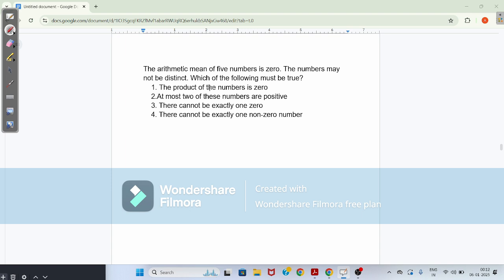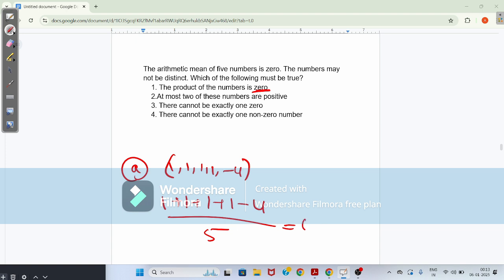For the first option, the product of the numbers is 0. Consider the numbers 1, 1, 1, 1, minus 4. Now what is the arithmetic mean of these 5 numbers? 1 plus 1 plus 1 plus 1 minus 4, divided by 5, gives the value 0.